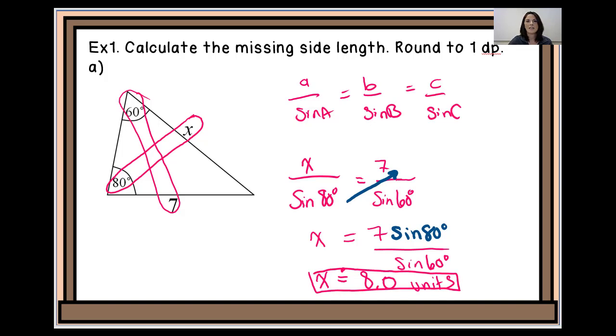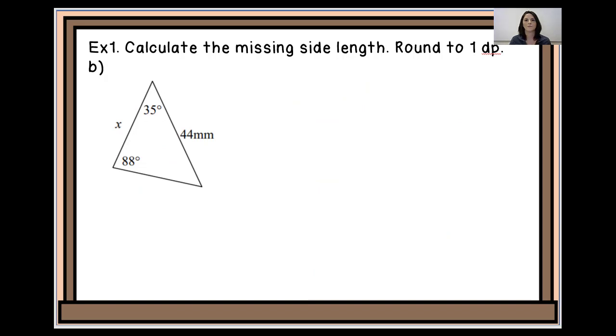Okay, let's take a look at our second example. Looking at our second example, we have angle, angle, side. So 88, 35, and 44 are given, and we're looking for the X. The X corresponds with this missing side length over here that we don't know.